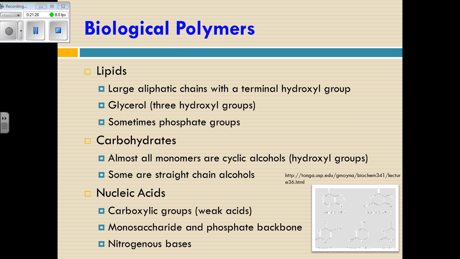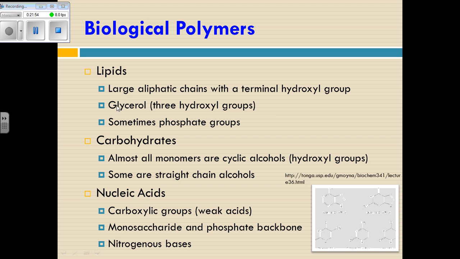So we have a couple of different biological polymers. The four big classes are lipids, carbohydrates, nucleic acids, and proteins. Okay, so lipids, those are our fats. They're made up of large aliphatic chains with a terminal hydroxyl group. It means it's a bunch of hydrocarbons. It's carbons attached to each other, usually in straight chains, and they have an OH group at the end.